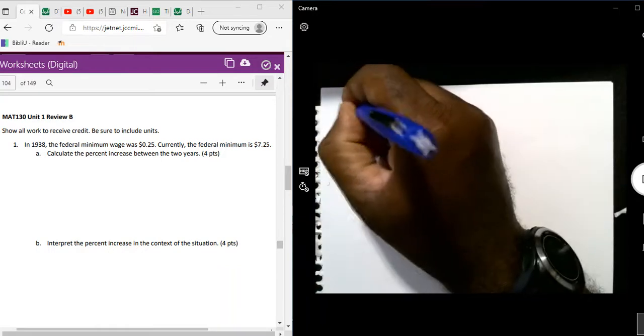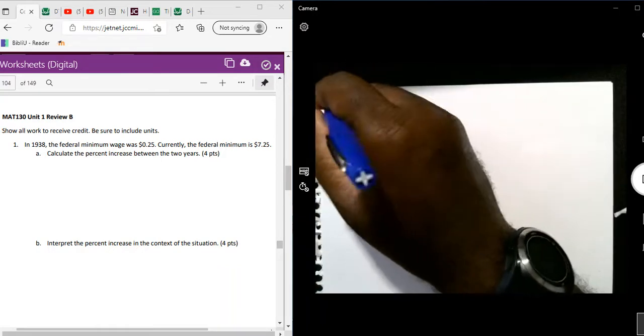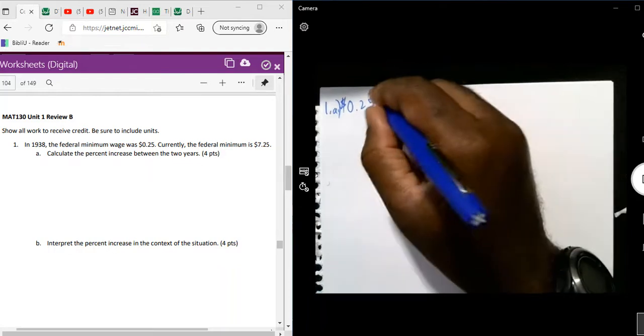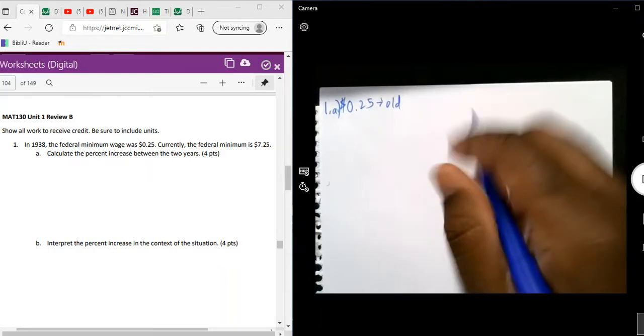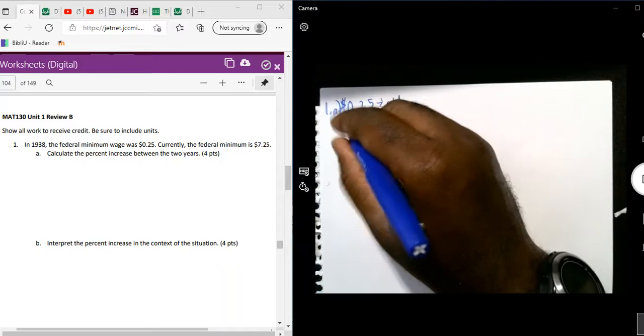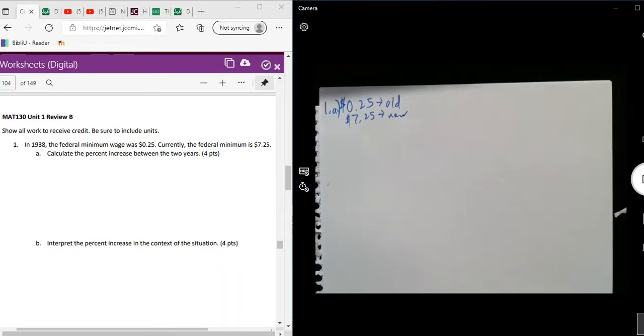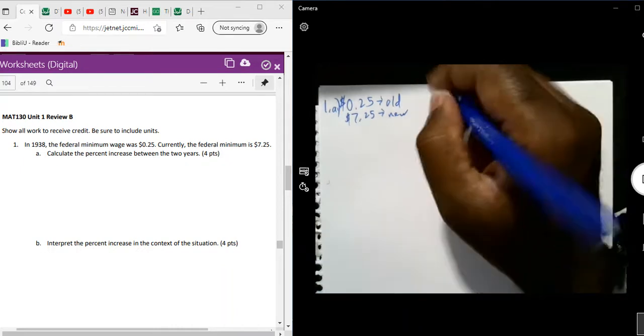So I'll put this down as 1A. The 25 cents is the old, and the $7.25 is the new. So now we have the old and the new, and we want to do the percent increase.